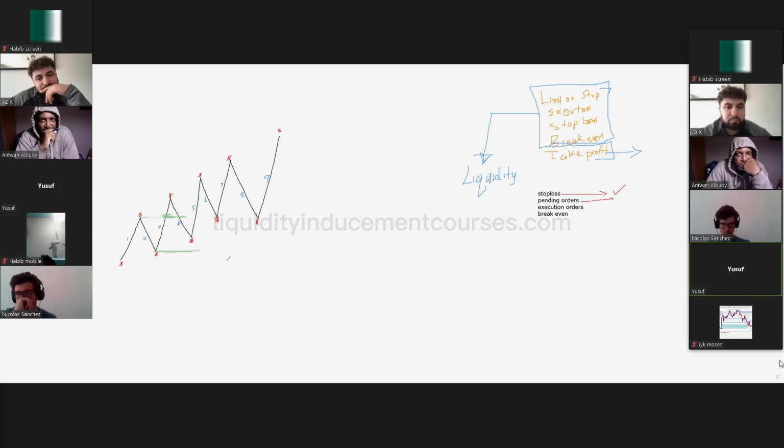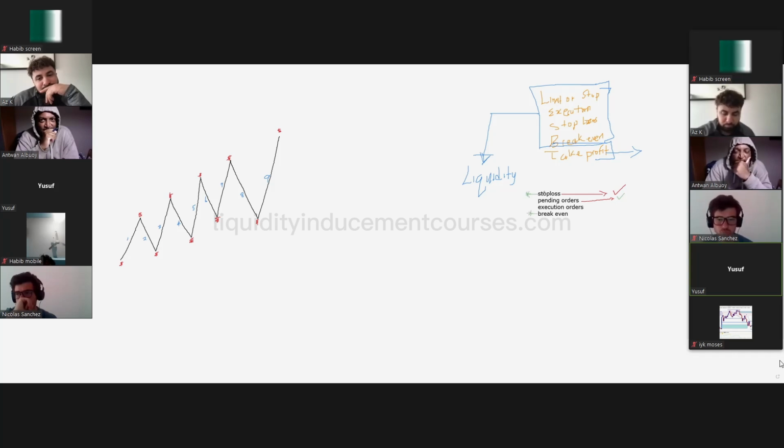Because out of these 4 items on my screen, 2 are most important. And the 2 of them are what? The stop loss and the break even.